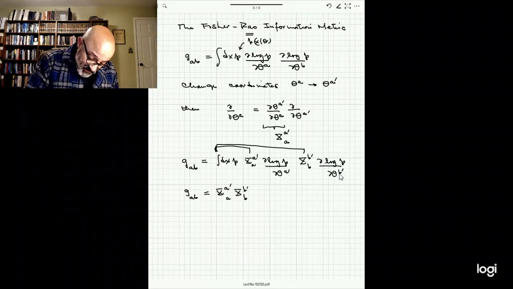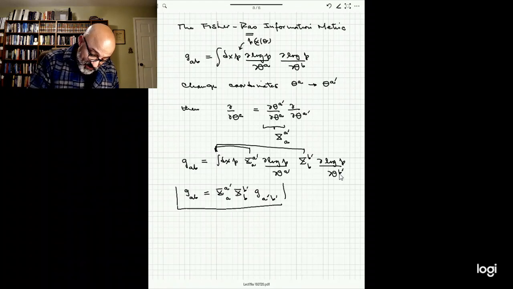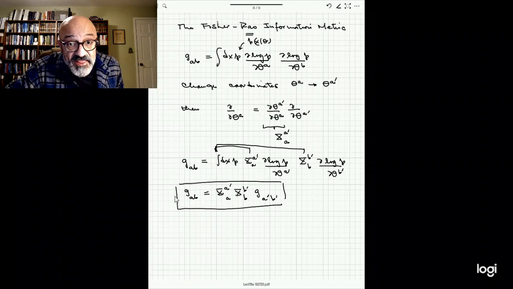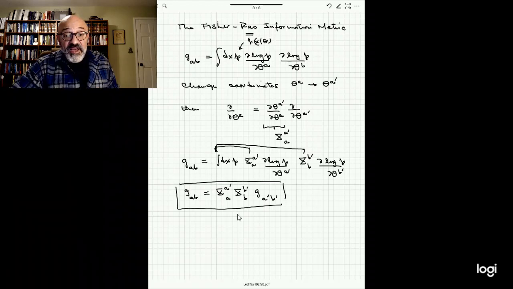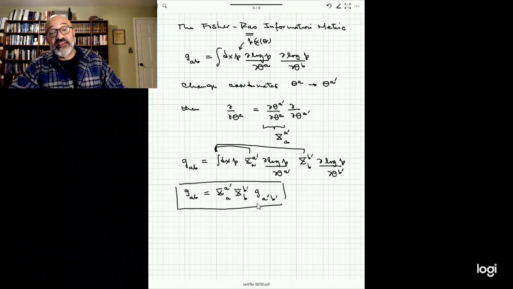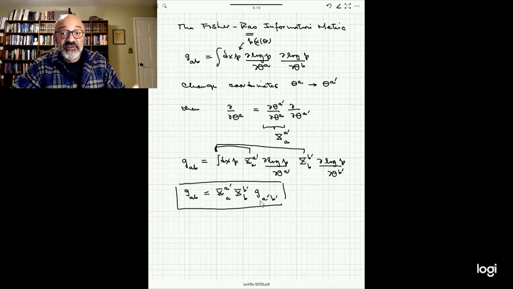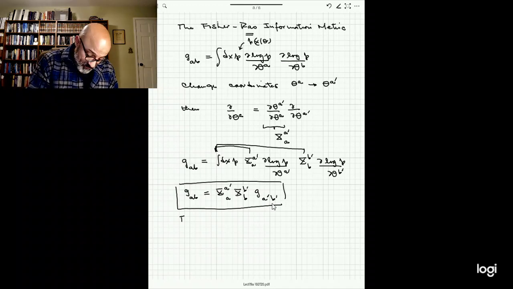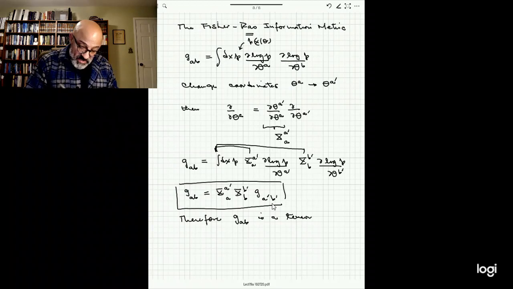And so what we have just proven here is that the information metric transforms under changes of coordinates in exactly the same way you expect a metric tensor to transform. Okay, so this is a tensor. Therefore, g_ab is a tensor.